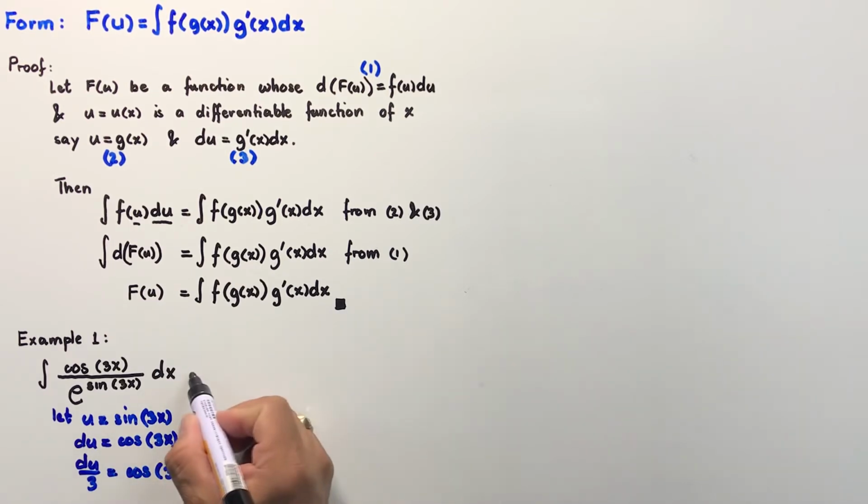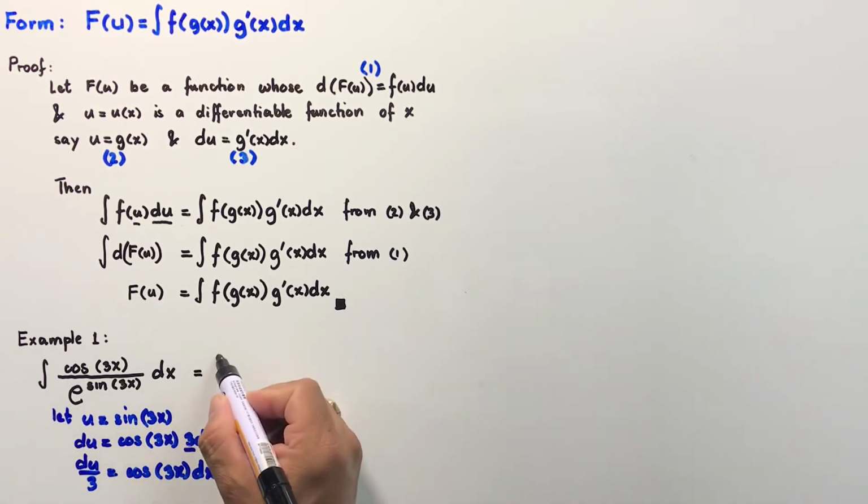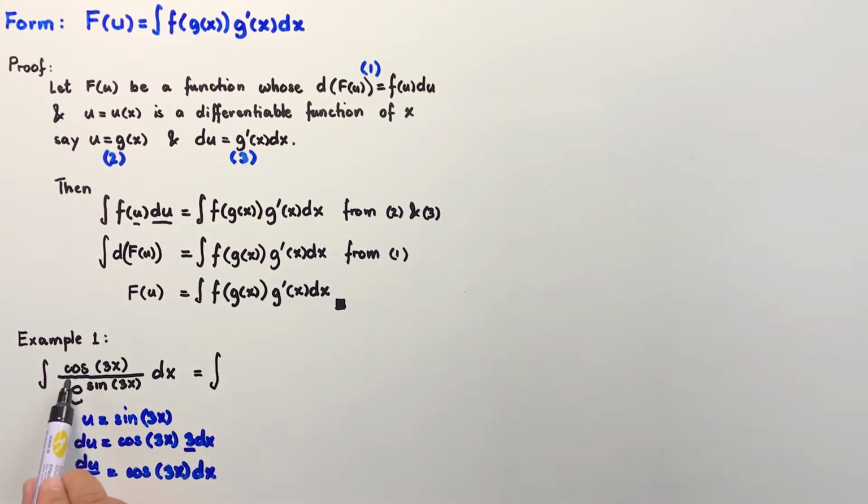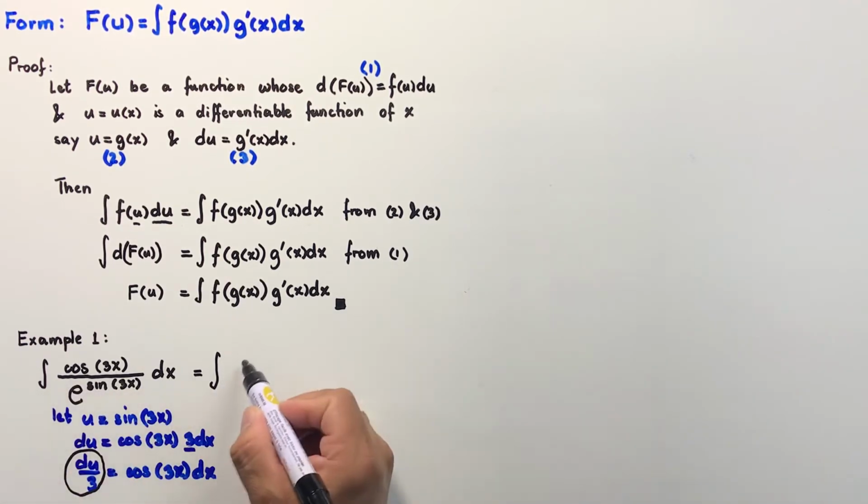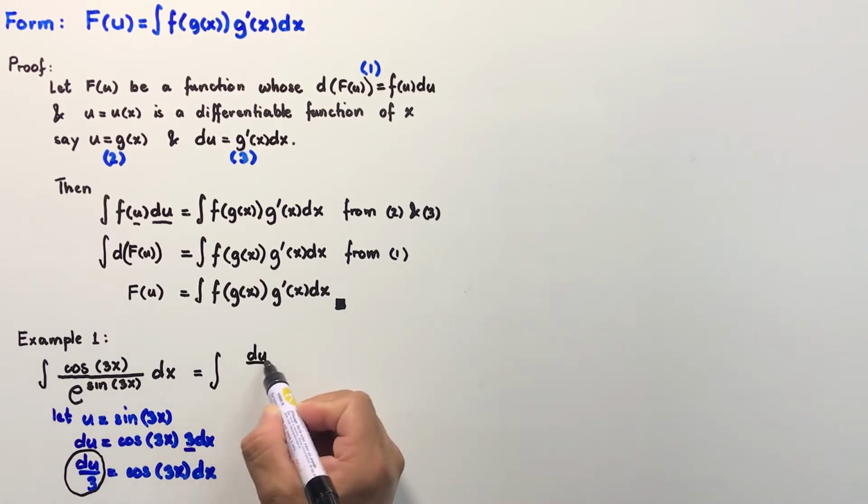Now by substitution, we have the integral of this numerator, cosine 3x together with the dx, as du over 3. So instead of writing that one, we will write du over 3.